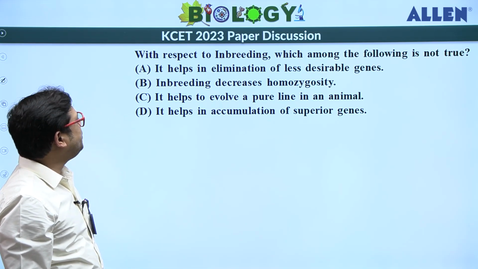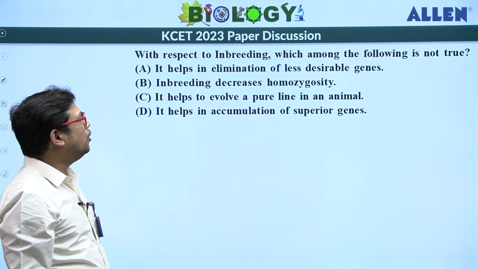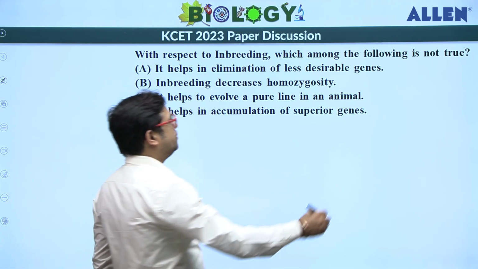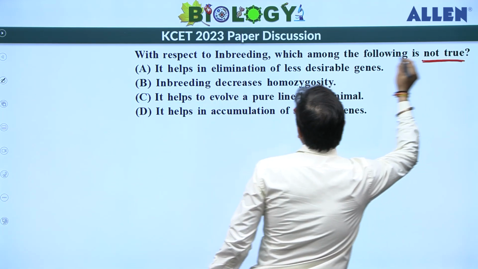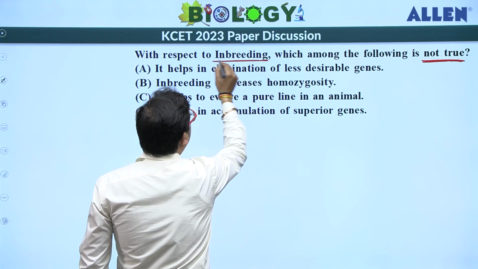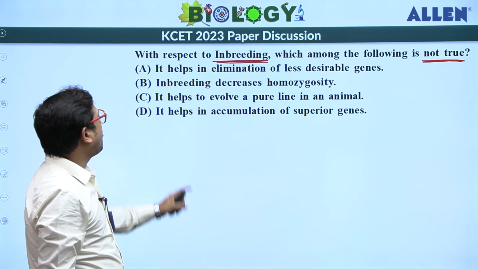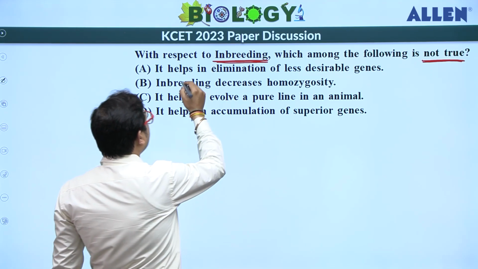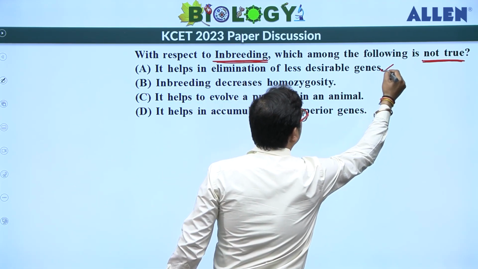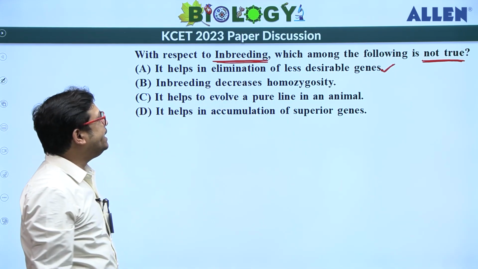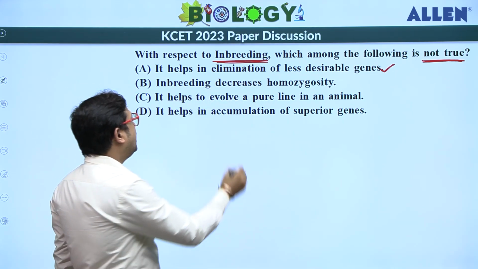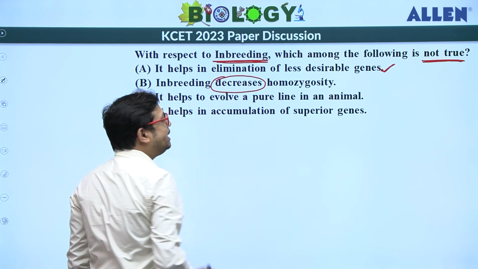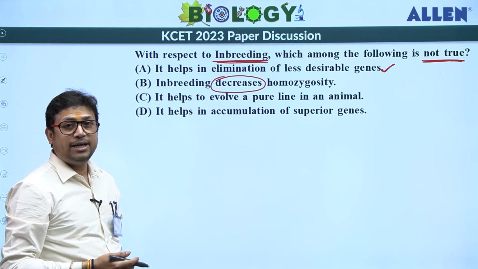Next, with respect to inbreeding, which among the following is not true? It helps in elimination of less desirable genes, that is very much true. Inbreeding decreases homozygosity, no. Inbreeding increases homozygosity, which we call pure lines.